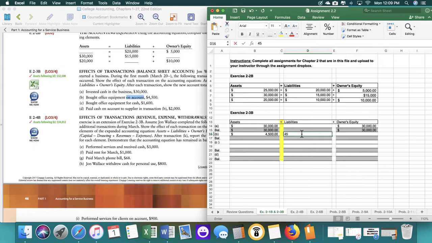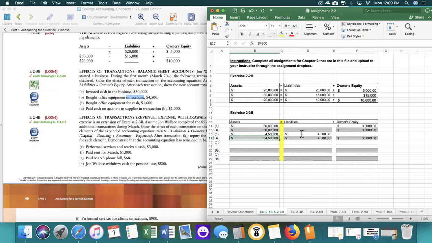It's what we owe to another business. And then we're going to complete the total again. So we have 34,500, 4,500, and 30,000. So 4,500 plus 30,000 is going to give you your 34,500. So far, we're still balancing.